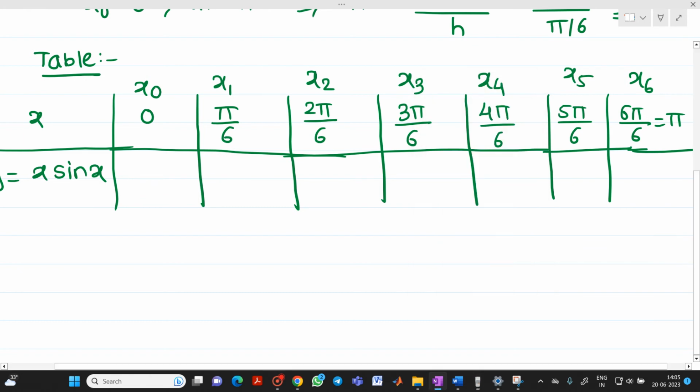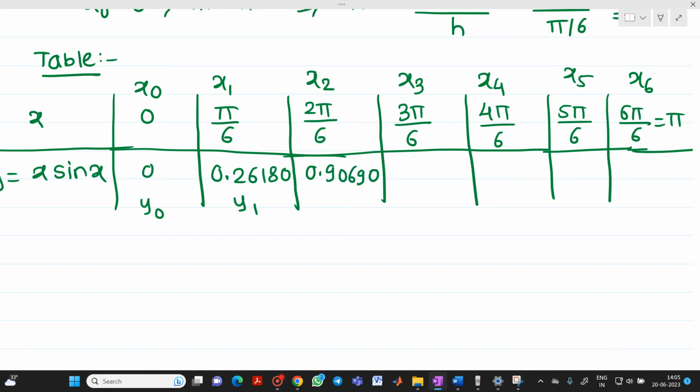So let me write all the answers. This will be 0. Then you put x equal to pi by 6. You will get 0.26180, which will be y1. Then for 2 pi by 6 it is 0.90690. Then for 3 pi by 6 it is 1.57080, which will be your y3.